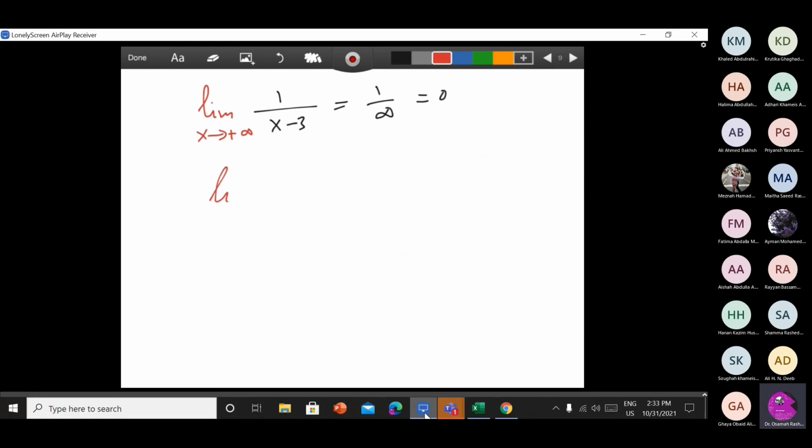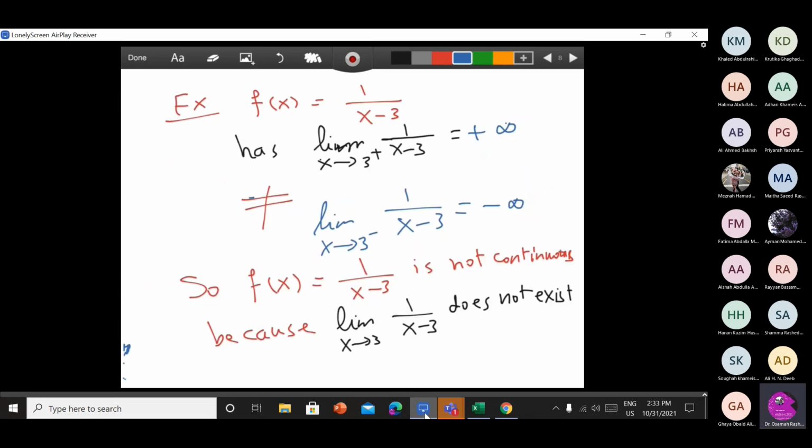And the other limit, for negative infinity, for the same function 1 over x minus 3, will also be 0, right? Very good. What does this one mean? This is the behavior to the right of x equal to 3. This is the behavior around the left of the 3.